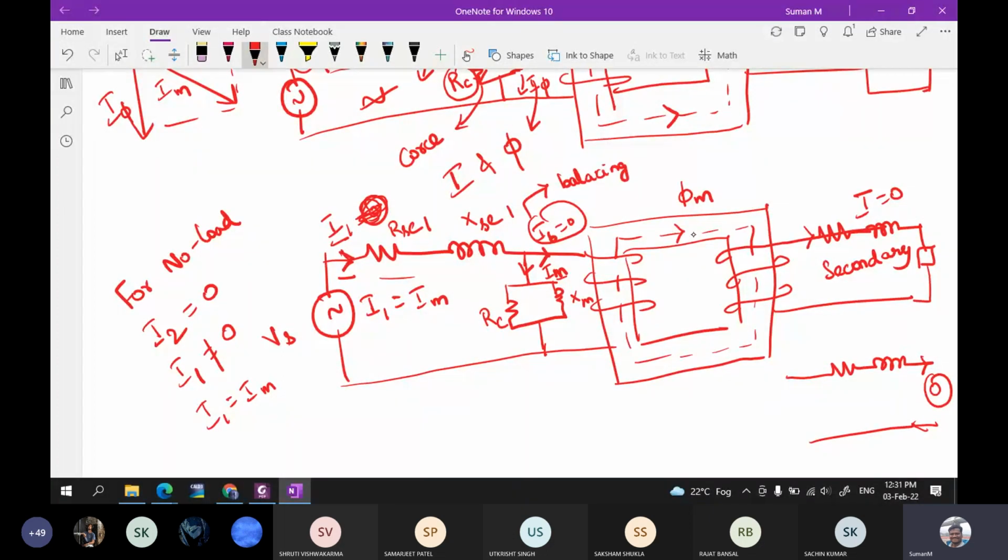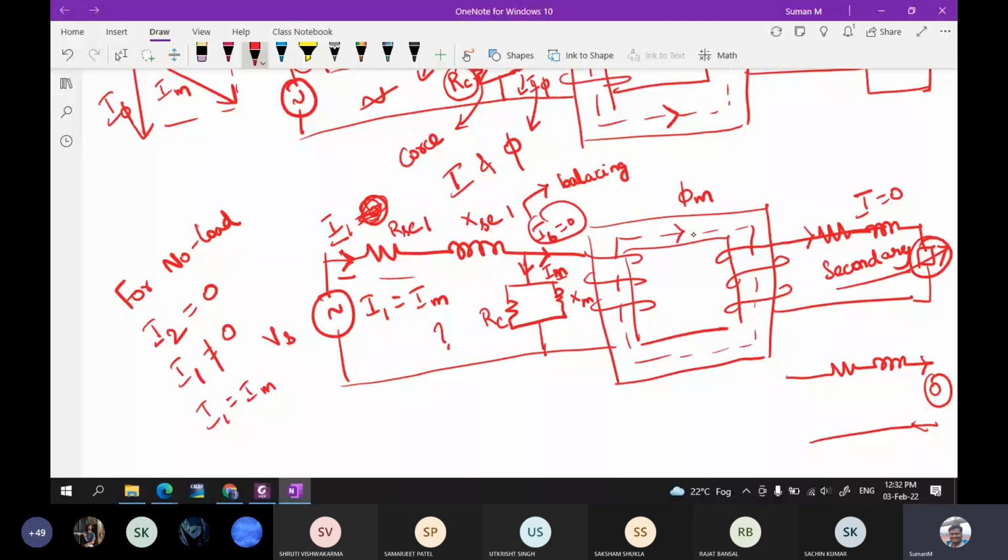So now just think, if I increase the load on the secondary, how does the primary know that there is some requirement of the load? Can anyone think? The question is, initially the current flowing through this path is zero.